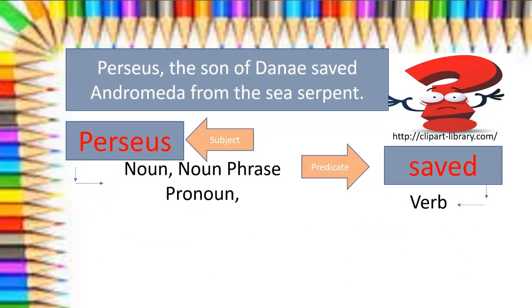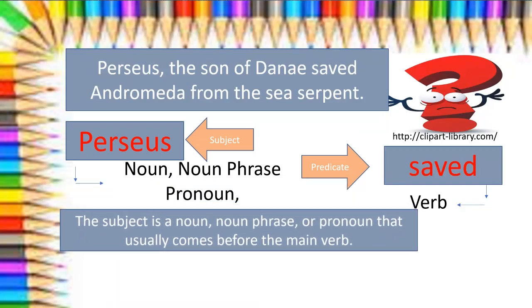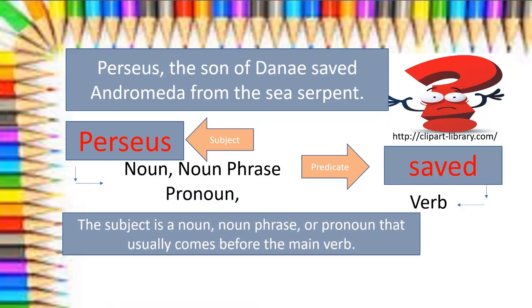And our predicate is always the verb in the sentence. Perseus, the son of Danae, saved Andromeda from the sea serpent. Perseus is our subject. The subject is a noun phrase, or pronoun that usually comes before the main verb. Perseus is considered as the simple subject, while Perseus, the son of Danae, is considered as our complete subject.